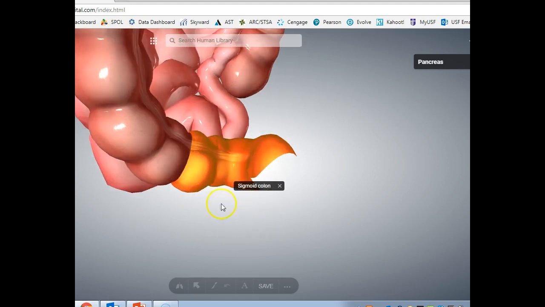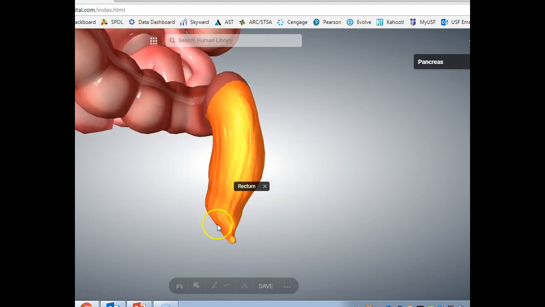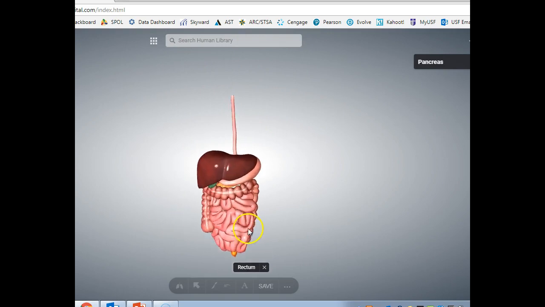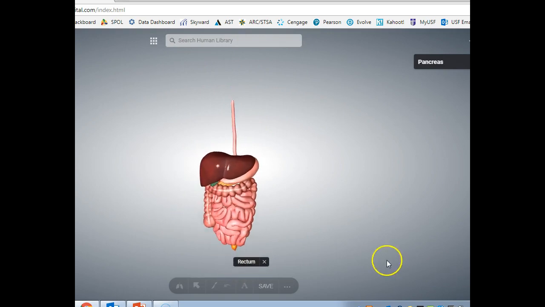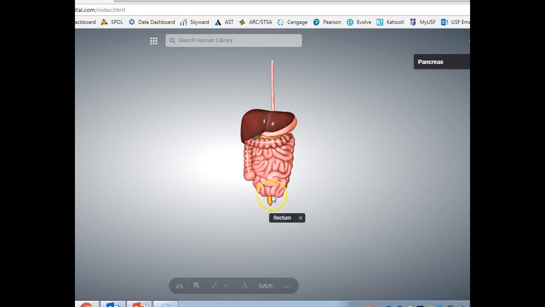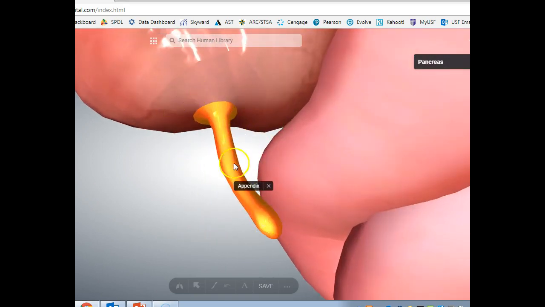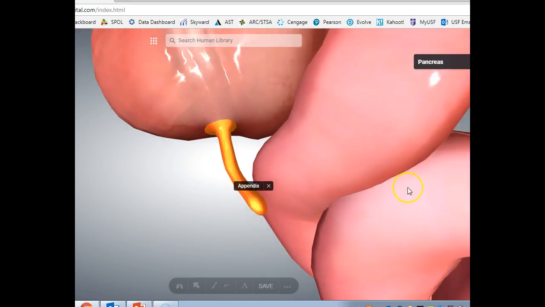So sigmoid is just a small section, and then we're going to go into the rectum, which would lead to the anal canal and anus. One structure that I kind of skipped on here is going to be the appendix, which would sit right off of the cecum here.